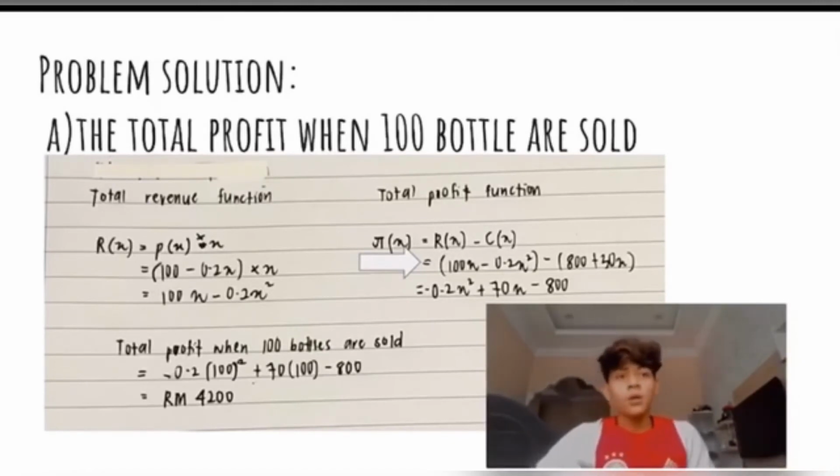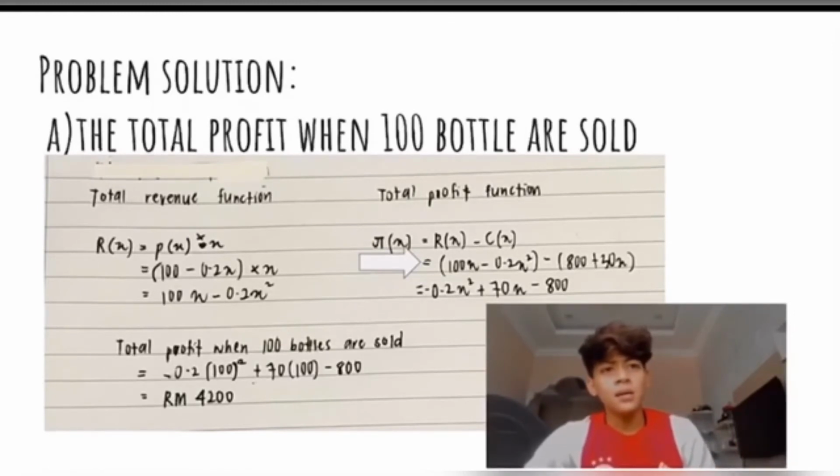Okay, next we are going to find the total profit function. The total profit function is pi(x) equal to R(x) minus C(x). So we put the value of R(x) and C(x) in this equation. So the total profit function is equal to negative 0.2x squared plus 70x minus 800.